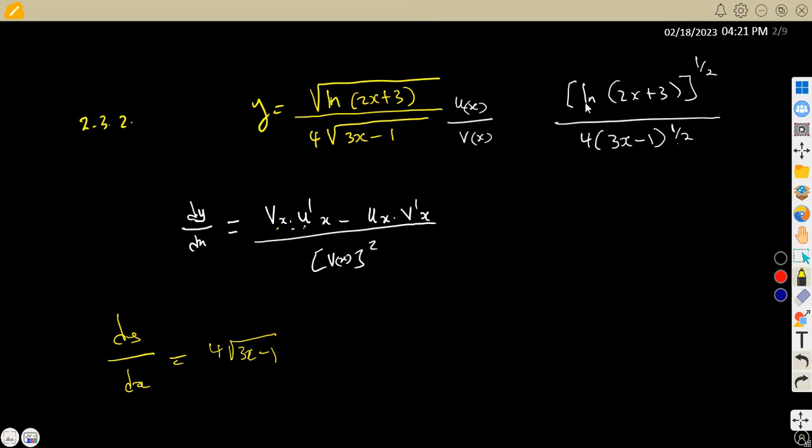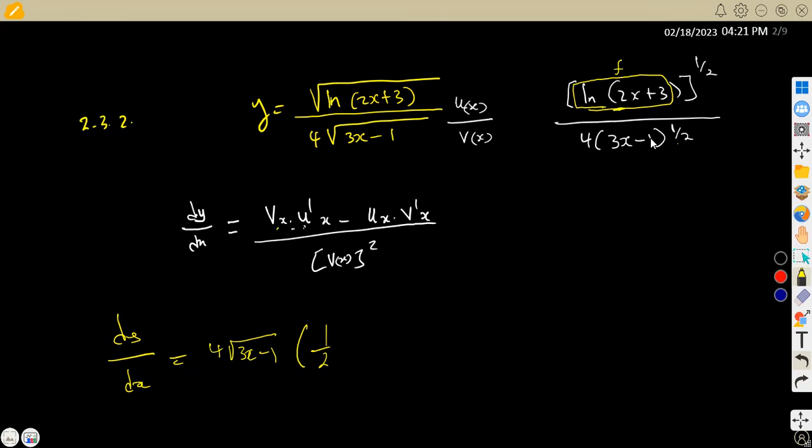We're supposed to find the derivative of this function, which is ln, and that is going to be 1 over 2x plus 3, times the derivative of 2x plus 3, which is 1 over 2.